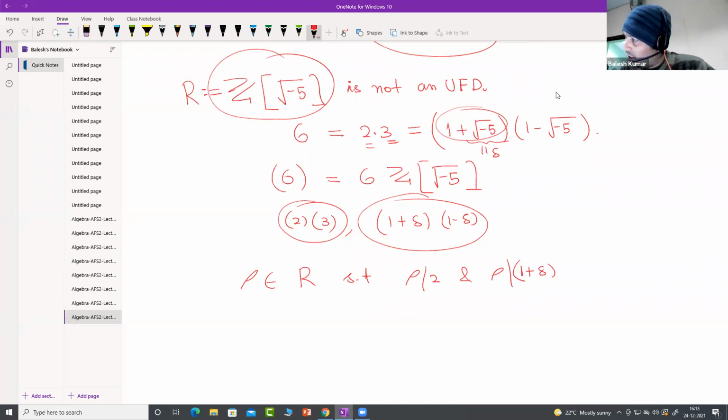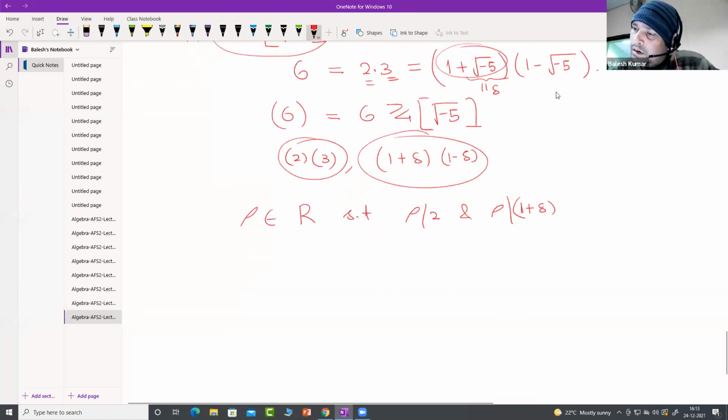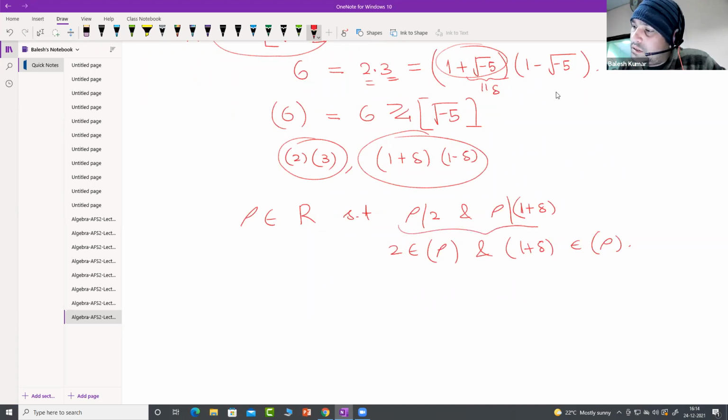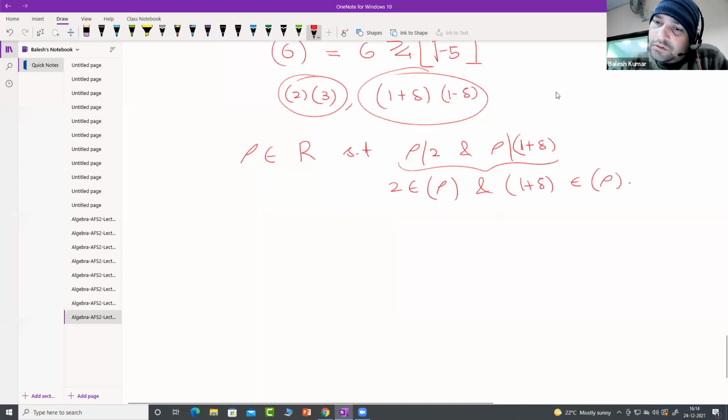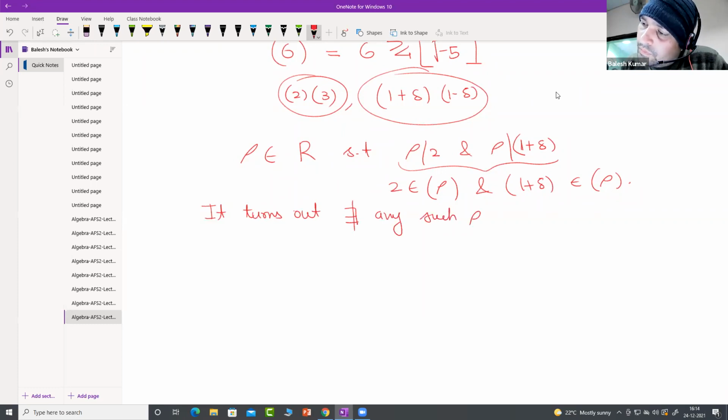And in terms of ideals, divides means contains: 2 should lie in the principal ideal generated by rho, and 1 plus delta should also lie in the principal ideal generated by rho. Yeah, but it turns out that there does not exist any such rho.